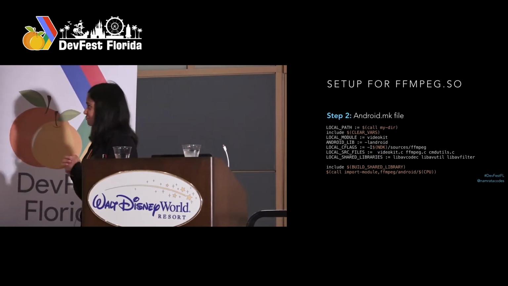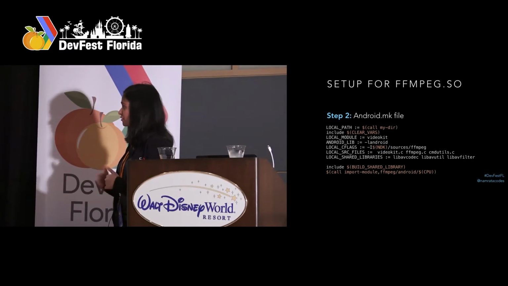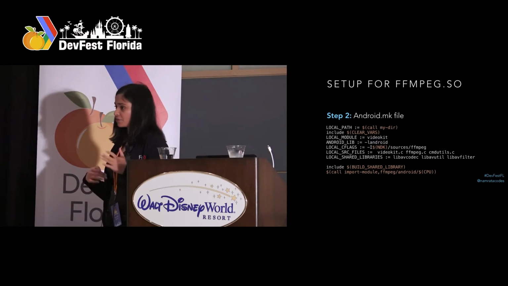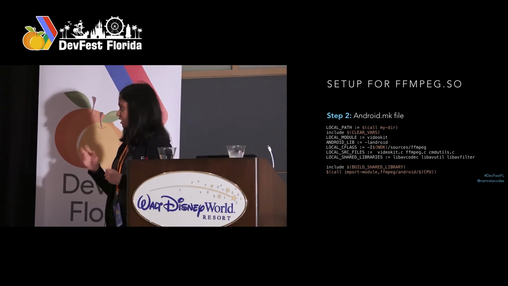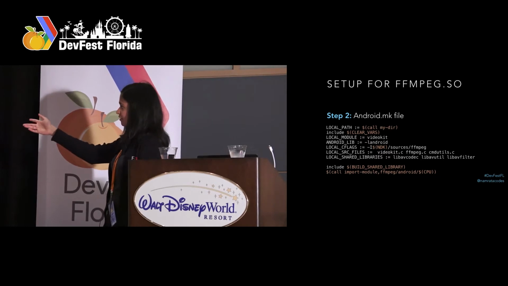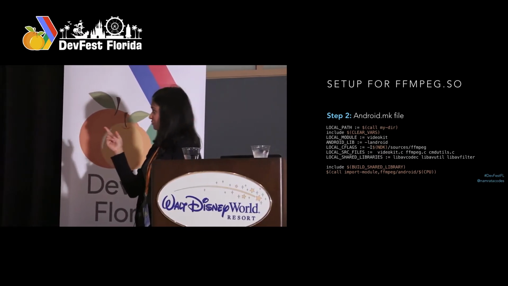And you also have to make an android.mk makefile where you define the variables for each of your modules. A module is a shared library that you're compiling. And in this case, here I'm defining the module name with the local_module variable.